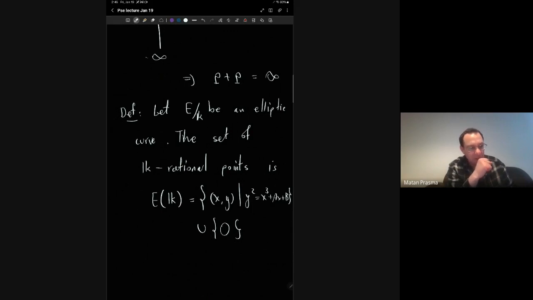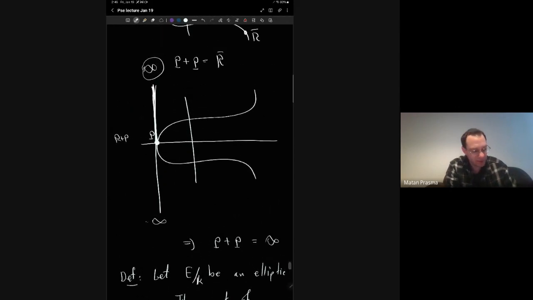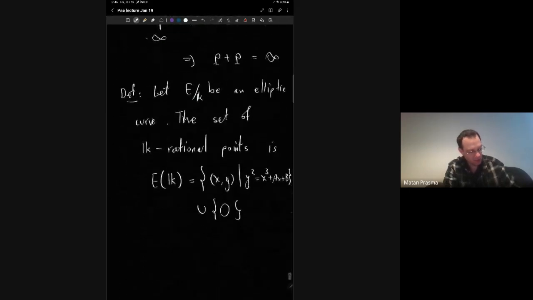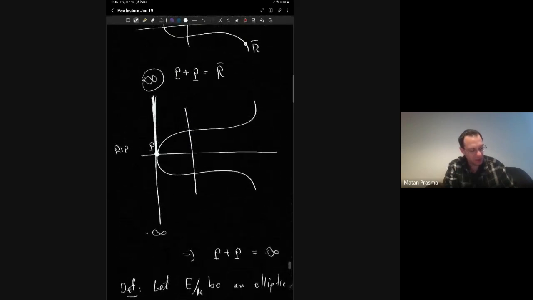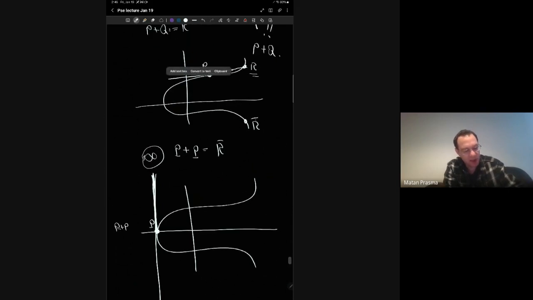What else I wanted to make formal? I wanted to make the inverses formal. So the inverse is very easy. The inverse of R is R bar.